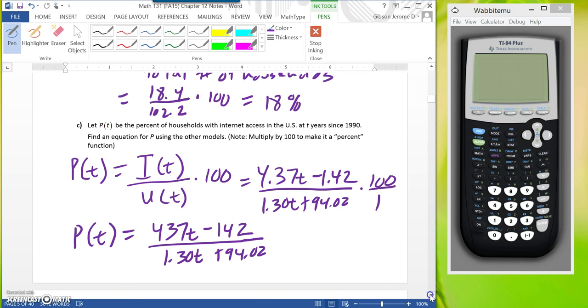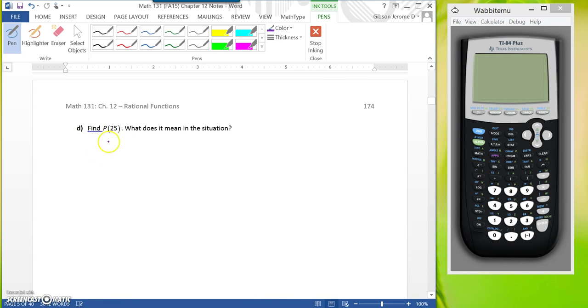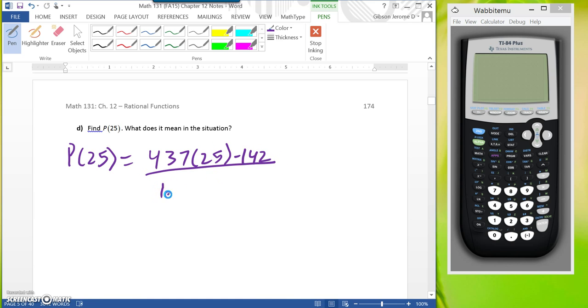So now we scroll down. It says find P of 25. What does it mean in this situation? We take what we had in C and substitute in 25 wherever t is. So we have 437 times 25 minus 142 all over 1.30 times 25 plus 94.02.